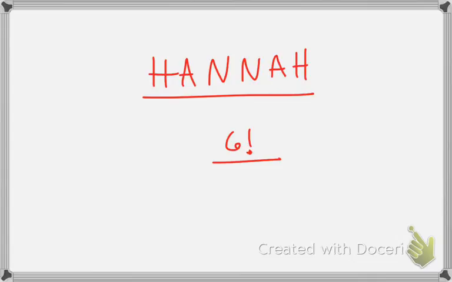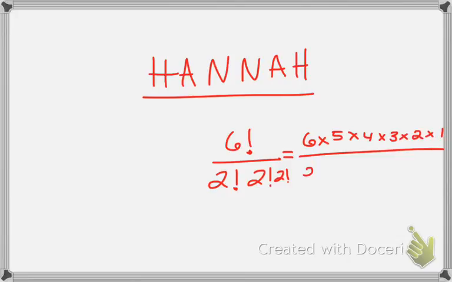How many H's do we have? 2. How many N's? So let's see how we can cancel that out. So this is 6 times... What about the A's? 4, 3, 2, 1. So here's a 2 times a 1, 2 times a 1, 2 times a 1.